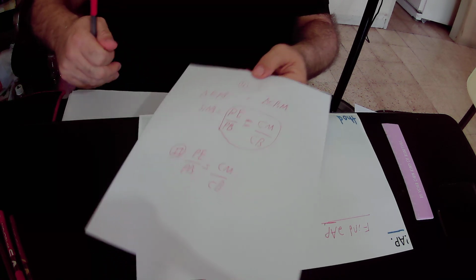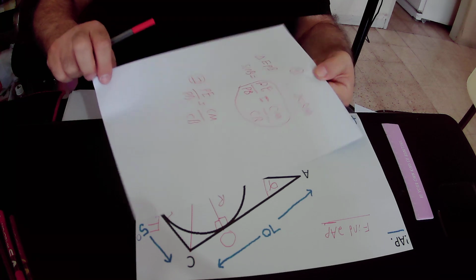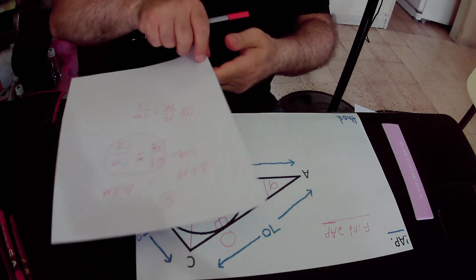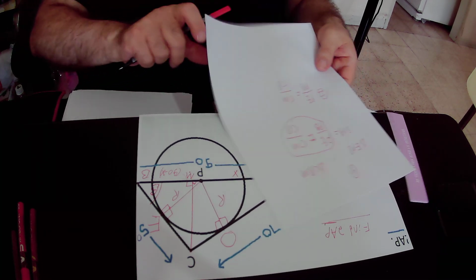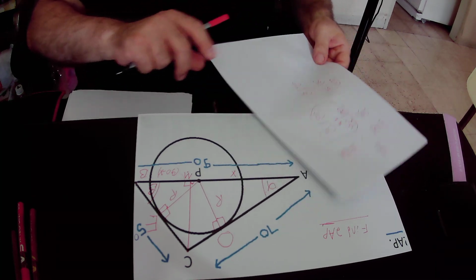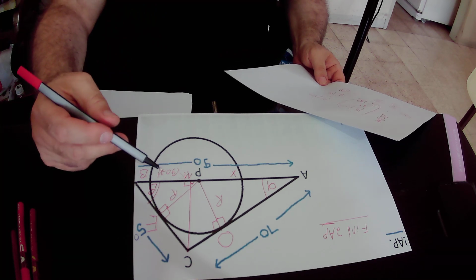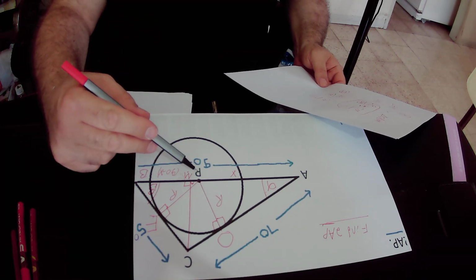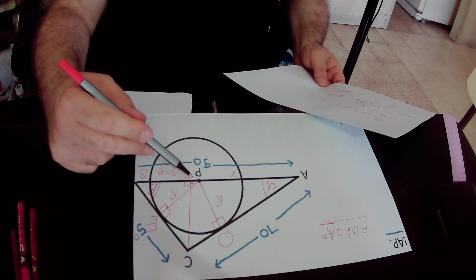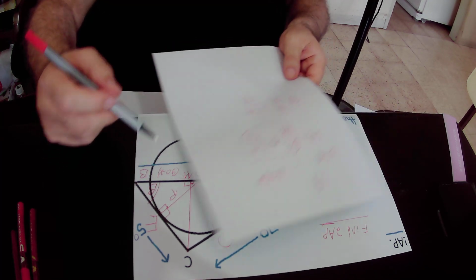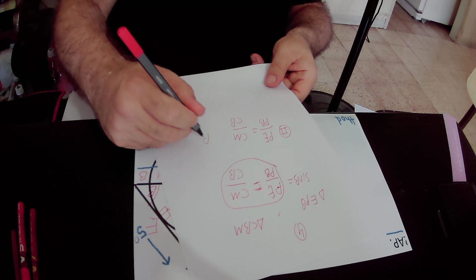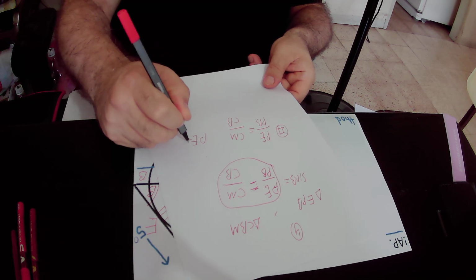And in the same way as we did with sinus alpha, we will do with sinus beta, in the sense that we know that PE equals to R. PE is the radius of the circle.